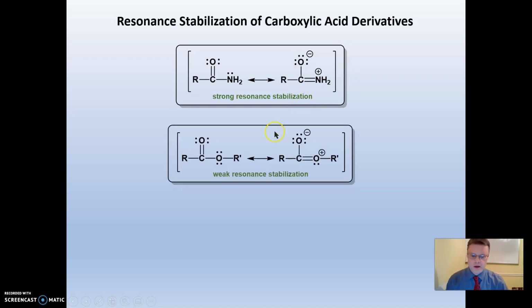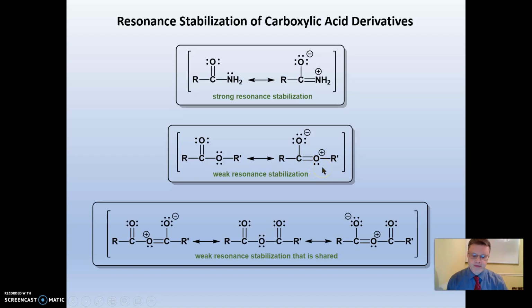Now, we could imagine something like that happening with an ester, but this is not as strong of resonance stabilization. The reason is that oxygen is more electronegative than nitrogen, so it's not as happy bearing this partial positive charge.